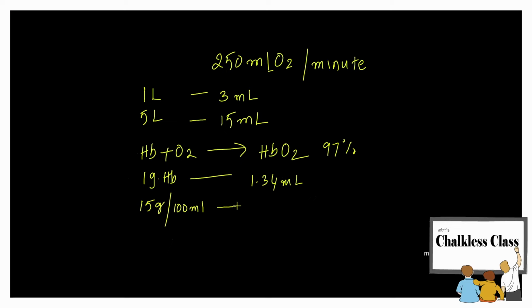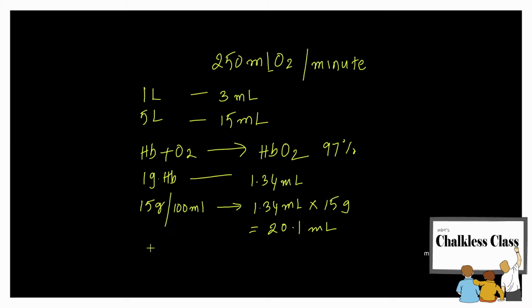So the 100 ml of blood transports 1.34 ml of oxygen into 15 grams of hemoglobin. This is equal to 20.1 milliliters. 100 ml of blood transports 20.1 milliliters.